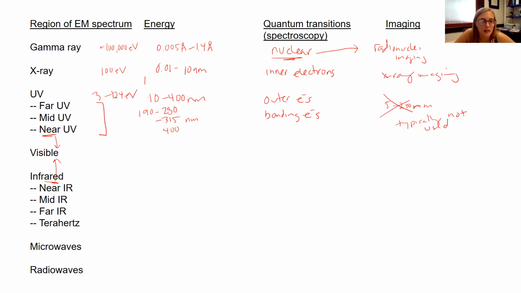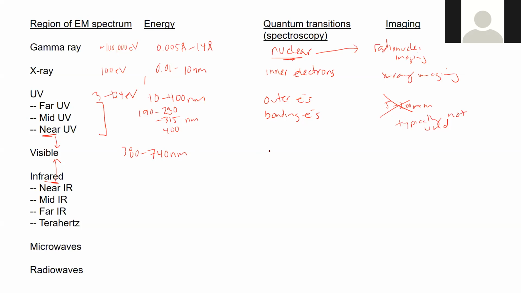Okay. Then what about the visible range, group 3? Yeah, so for energy, it's of course 380 nanometers to 740, going from purple to red in visible light.